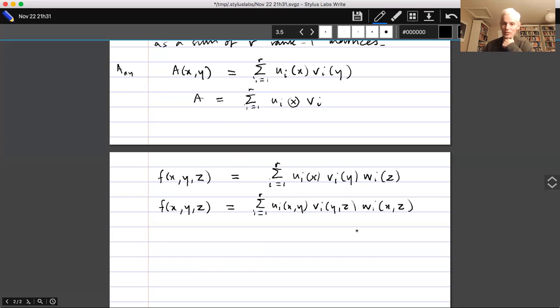Here we just mean any product of functions that have fewer than 3 variables counts as a basic function, and then we say that f has rank r according to this definition if we can write it as a sum of at most r basic functions. So just to say it again, I'm defining a basic function to be any product of functions of at most 2 of the 3 variables. Whereas here I define a basic function to be one which is a product of functions of just 1 variable.